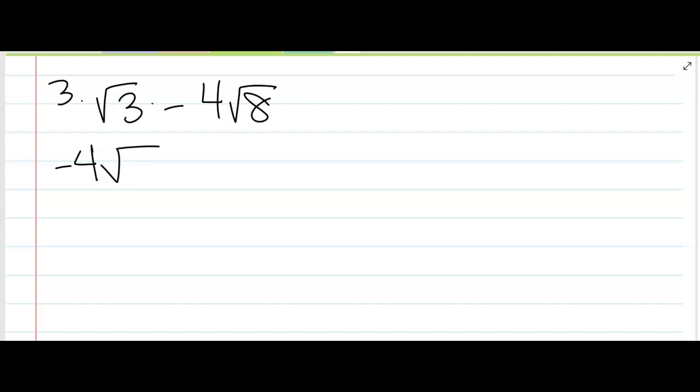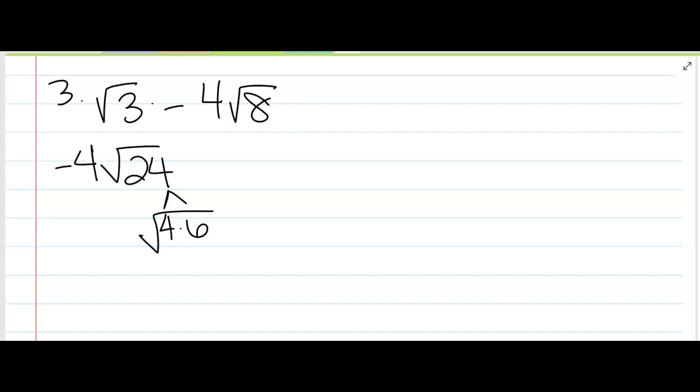Underneath the radicals, I have a 3 and an 8. So 3 times 8 would give me 24. And then we would need to simplify that 24 if we were to go with the perfect square factor method. The perfect square factor that goes into 24 would be 4, and it would be 4 times 6. So we're taking the square root of 4 times 6.